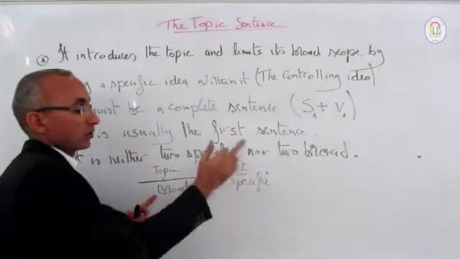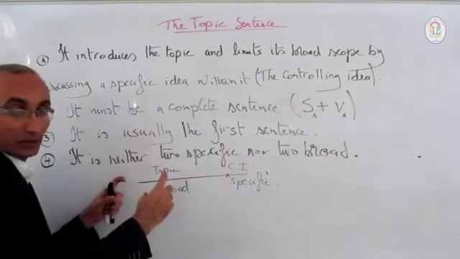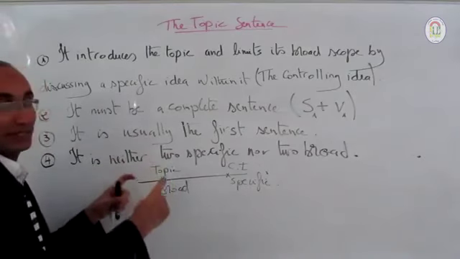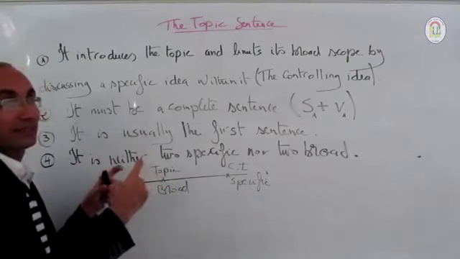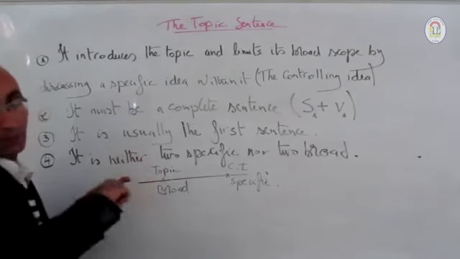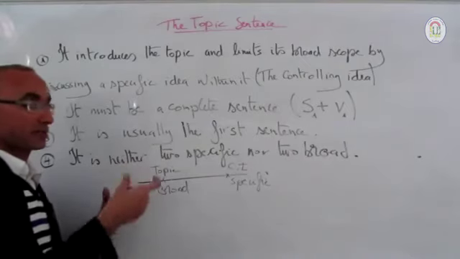Specific is our controlling idea. So with regard to these two elements together in one sentence, we have this balance, which keeps it from being either too specific completely or too broad completely. We have two sides balanced here.